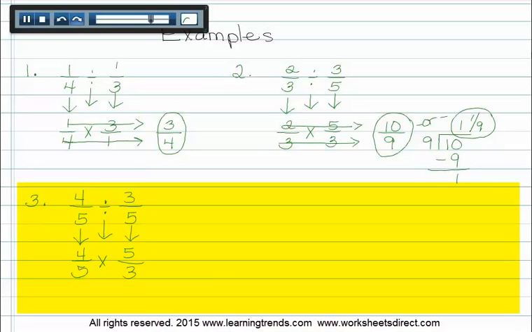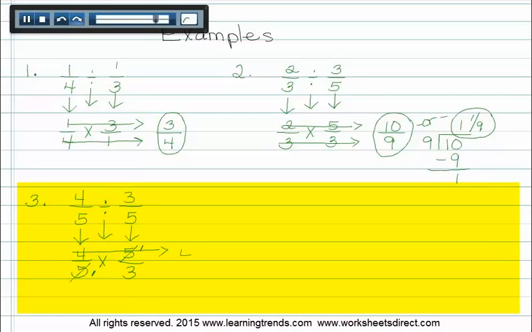Now here's an example where, if you want, you can cancel those 5s out by dividing both the top and the bottom by 5, and so 5 divided by 5 is 1, and the same thing down here. So we could reduce it at the end, or we could cancel before we multiply, which is what I chose to do. And now we multiply.